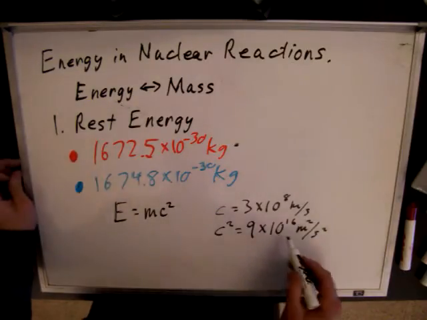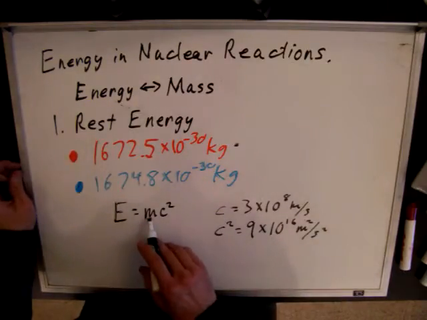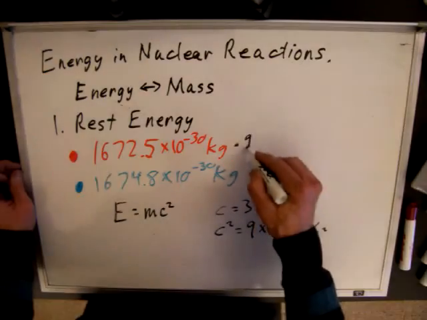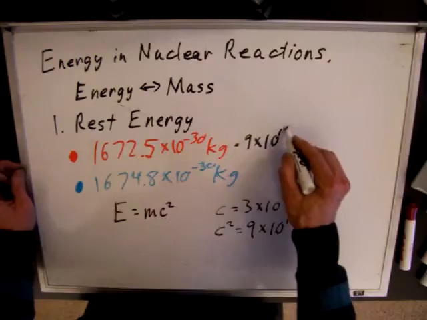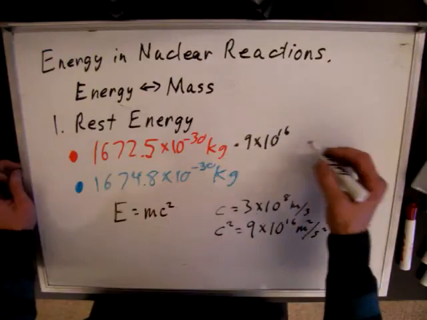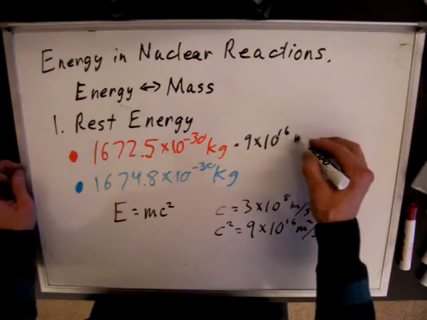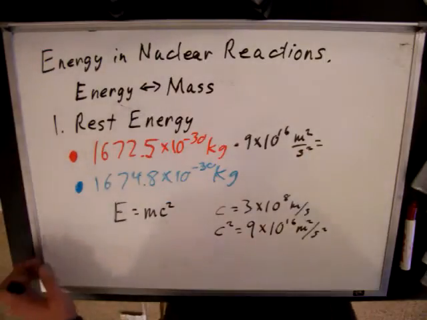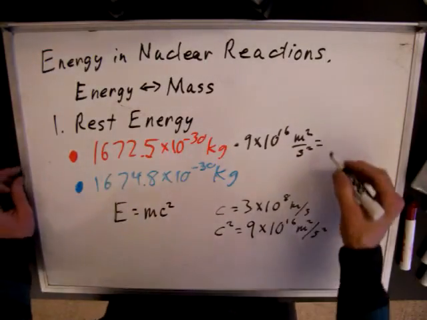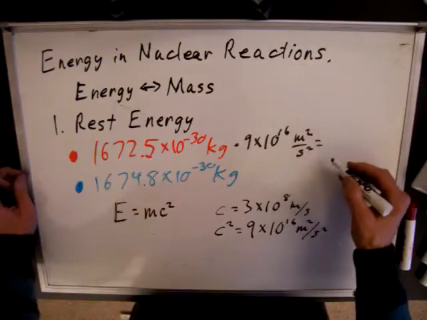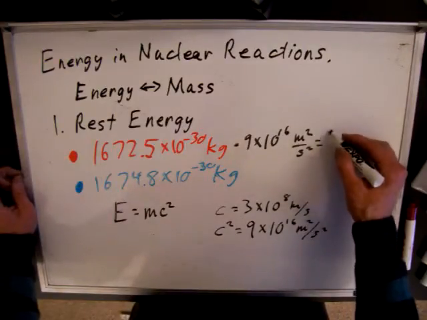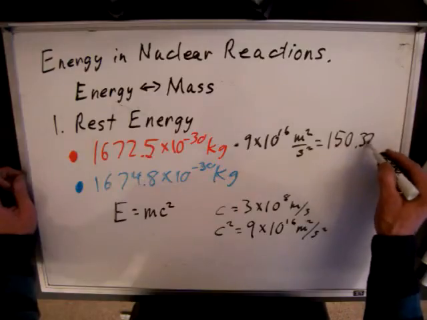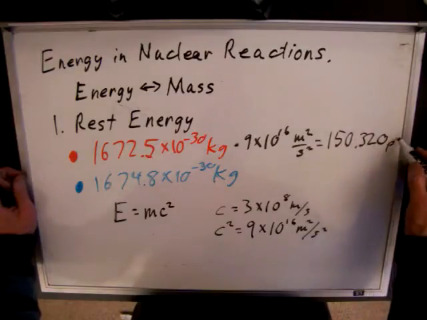So if I use this formula I can take this m, multiply it by c squared, 9 times 10 to the 16 meters squared per second squared, and the result I get will be, for the proton, 150.320 picojoules.